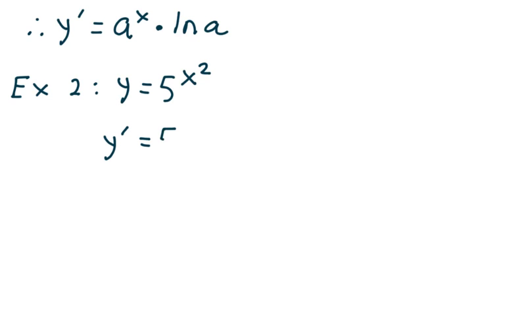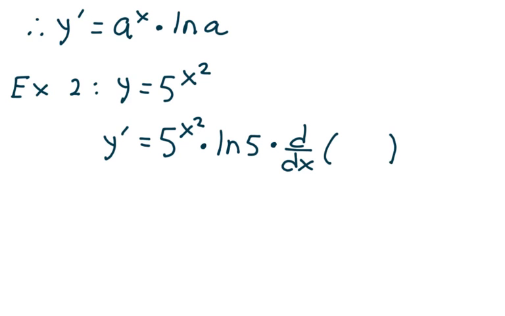So I'm going to take 5 to the x squared times natural log of 5, but I'm going to multiply by the derivative of this x squared. This is the inside function. So I multiply by the derivative of x squared. The derivative of x squared is 2x.